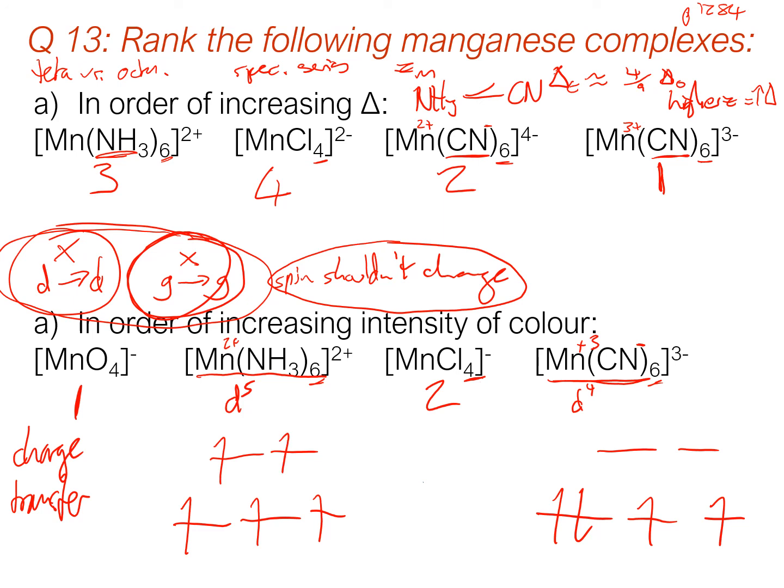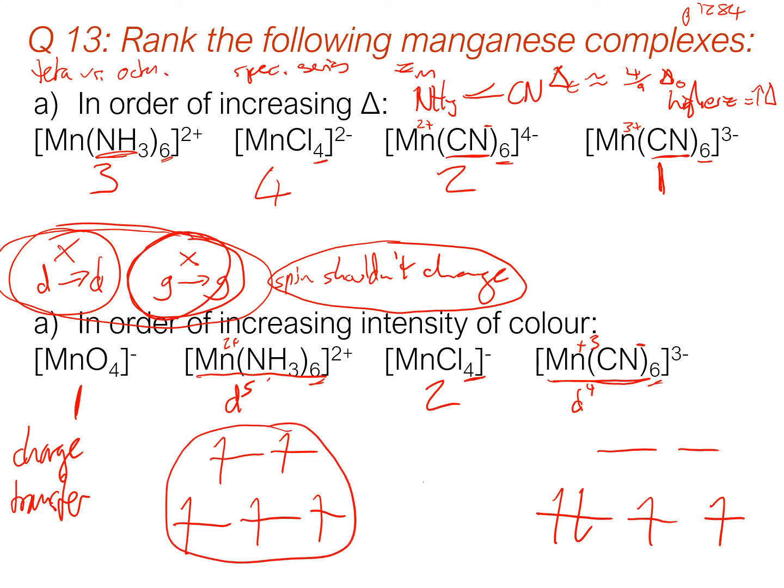Now I think, hopefully, it becomes quite obvious which one is going to adhere to the spin selection rule and which one isn't. So if we look at this high spin d5 complex, wherever we try and put an electron, it will always go from being an up arrow to a down arrow. Like the spin has to change. There's no way for it to stay the same. So this one doesn't adhere to the spin selection rule.